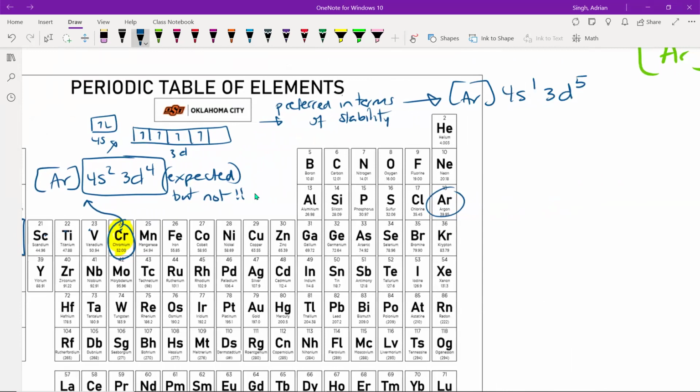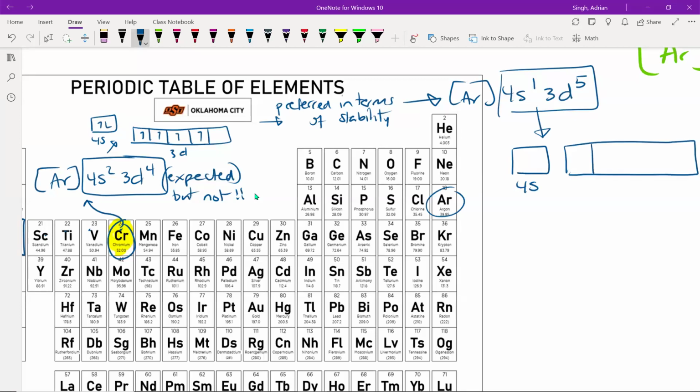So if I were to draw these valence electrons, the outermost electrons, in orbital diagram form, there's my 4s orbital, and then I have my 3d's. I have five of these, so one, two, three, four, five. So 4s one, and then 3d, one, two, three, four, five. So what happens now is both the 4s and the 3d are half filled.